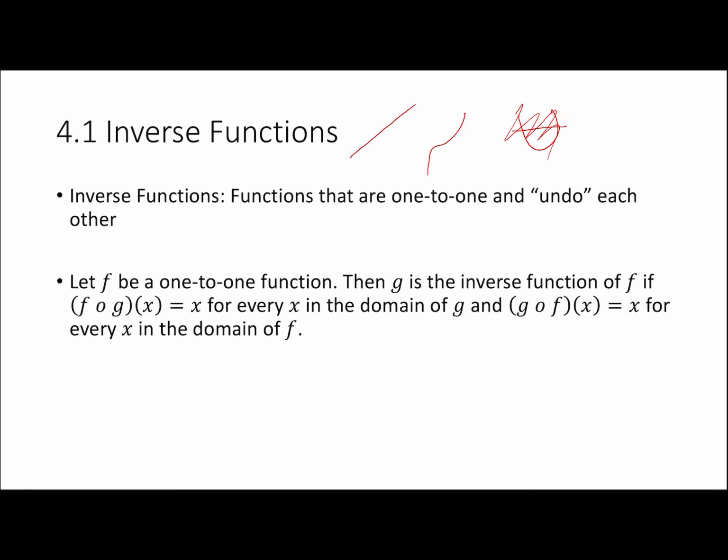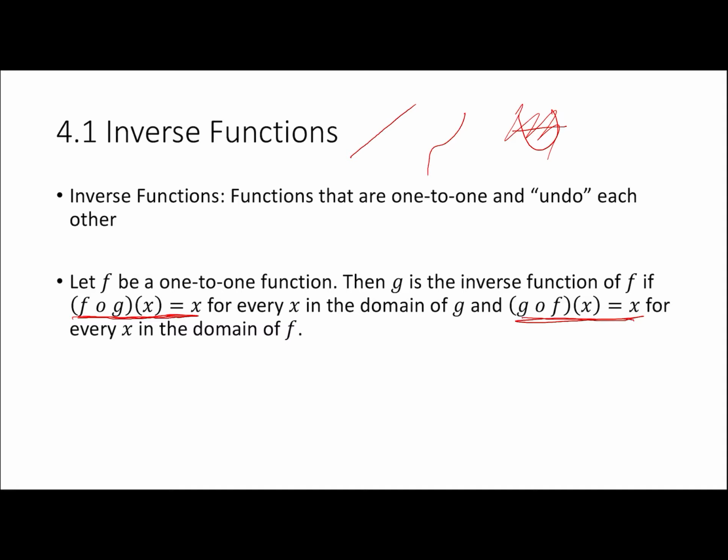Notice here in the middle of the screen it says let f be a one-to-one function and g be the inverse of function f if f of g of x, okay, this notation is a composition, if f of g of x is equal to x for every x in the domain of g, and g of f of x is equal to x for every x in the domain of f, then the functions are inverses.